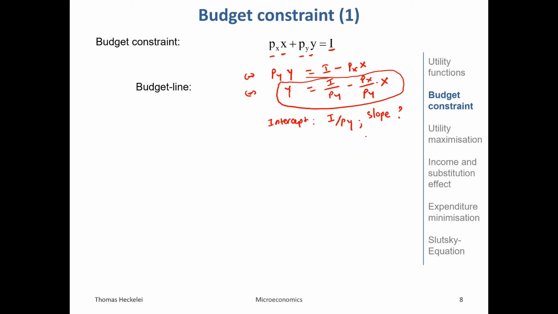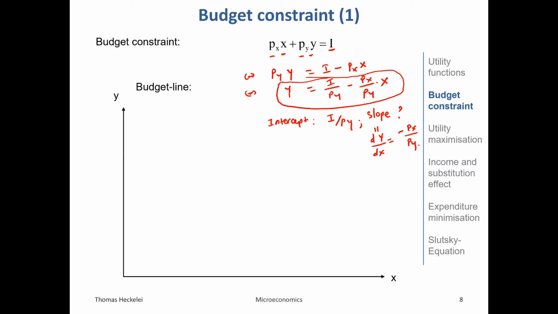The slope is the derivative of y with respect to x, and it tells us how y changes when x changes, right? So that's the derivative. In this case, it's a linear function, so only the x is gone, so minus px over py, right? So that's the slope. Technically, you have the intercept, you have the slope, you can draw the line.